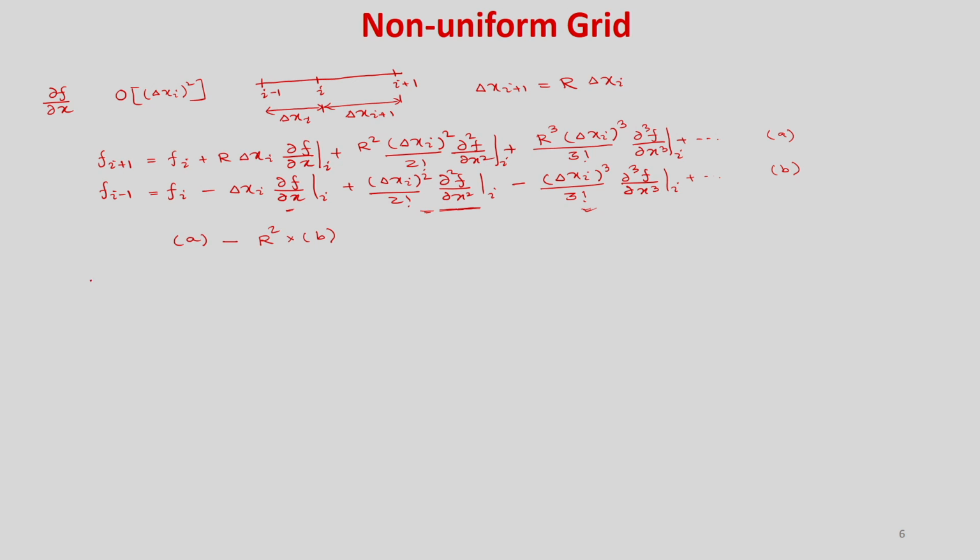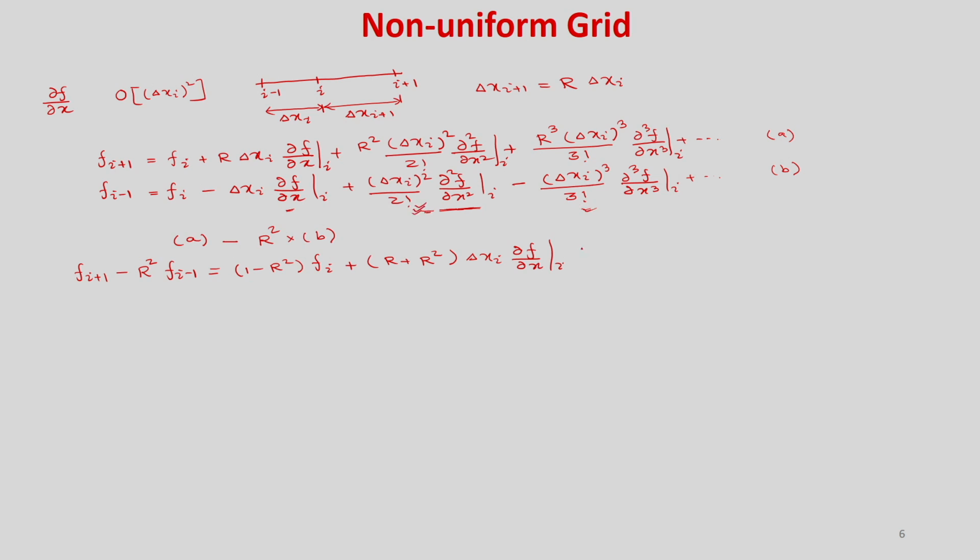So, you can write f I plus 1 minus r square f I minus 1. Second equation we are multiplying with r square, then subtracting from the first equation A, then you are going to get 1 minus r square f I plus (r plus r square) into delta x I del f by del x. This term will get cancelled, so we will not write this.